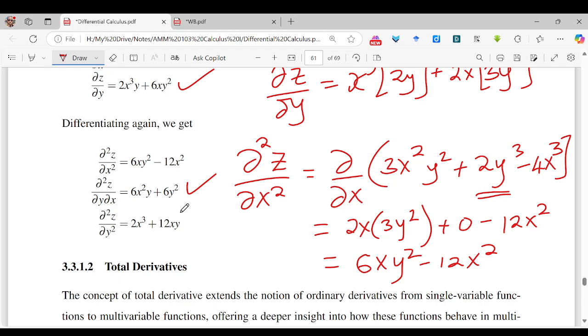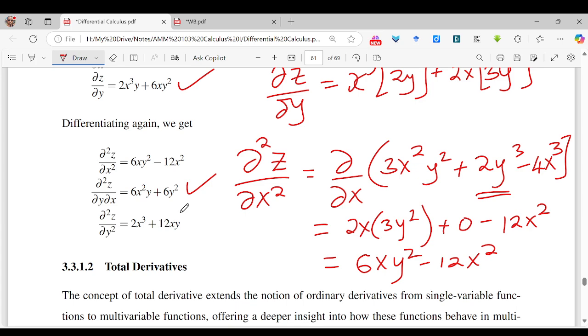And we have said the rules of differentiation remain valid. The only difference is the assumption that when we want to differentiate the function partially with respect to x, we assume that y is a constant. That's the only difference from the other derivatives, but the rules of differentiation remain valid.